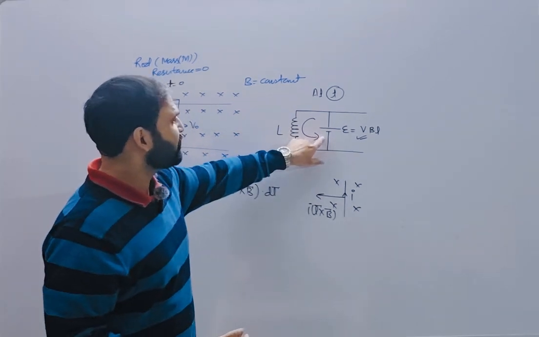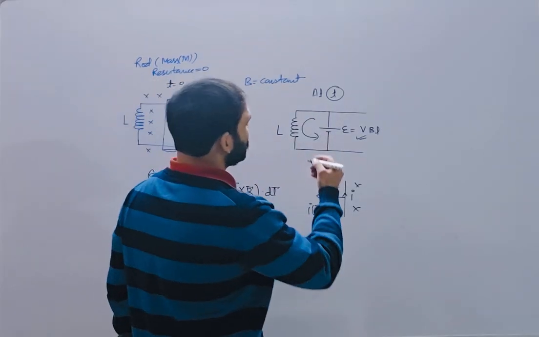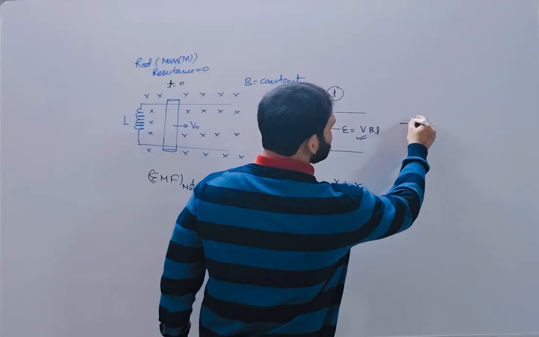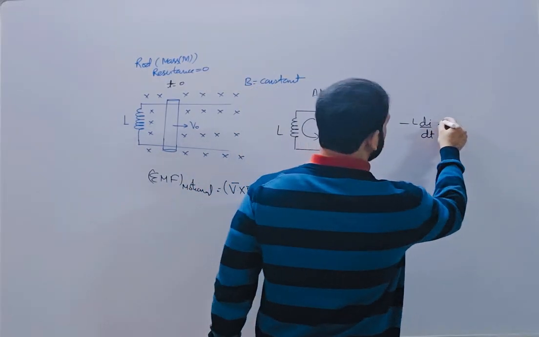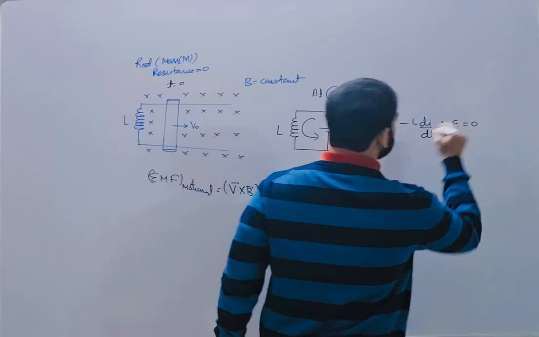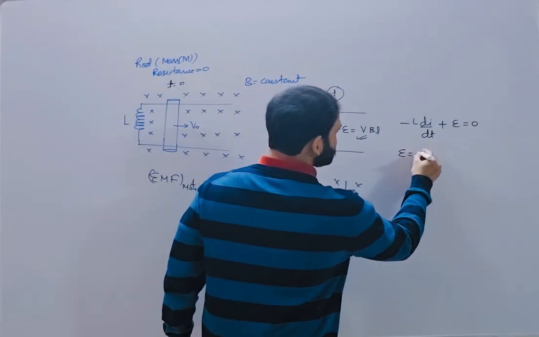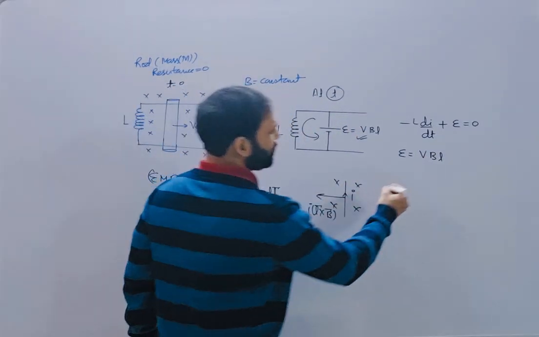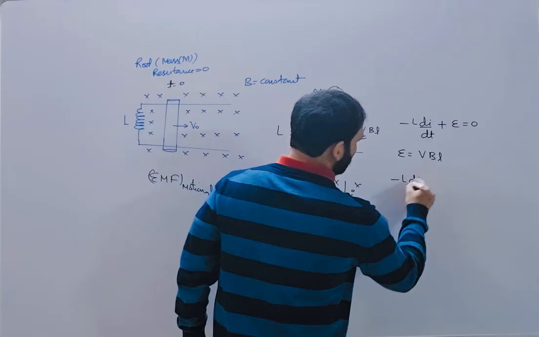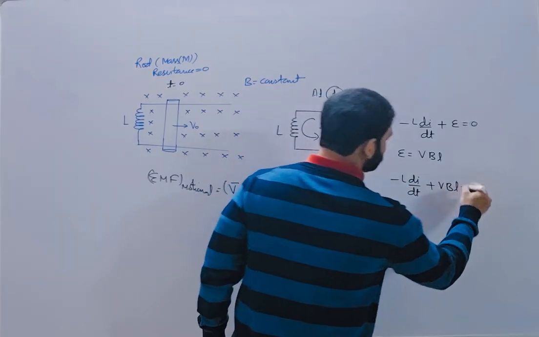And across the battery, it is E. So Kirchhoff's loop law gives minus L di by dt plus E equal to 0. But what is the value of E? E is VBL. So we substitute that value: minus L di by dt plus VBL is equal to 0.